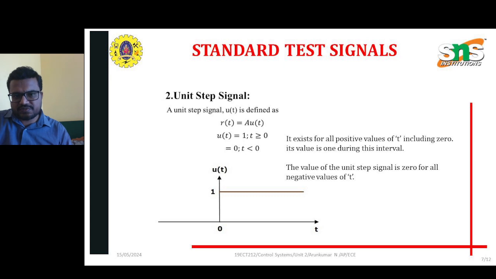And next one is the unit step signal. Here the unit step means the step value is 1, because if you give an input signal as a time signal, then the unit step signal has the default value of 1. So it reaches only 1. After the maximum value of 1, it does not go beyond.